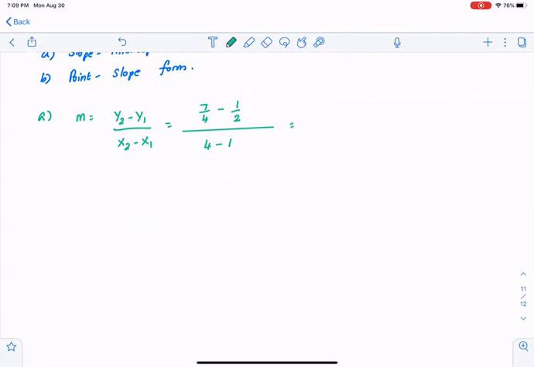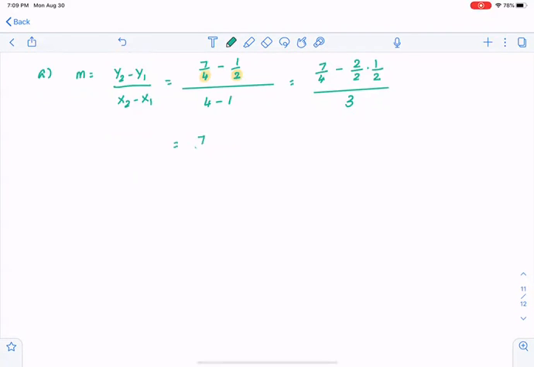We want to combine 7 over 4 and 1 over 2, which would mean the common denominator has to be 4. So what we will do is multiply the second fraction by 2 and divide by 2. The denominator is easy, it's just 3.